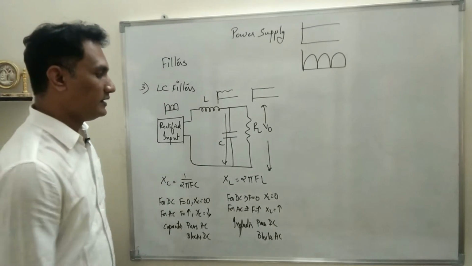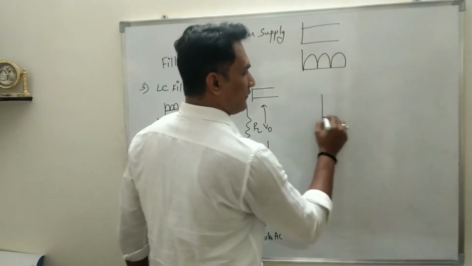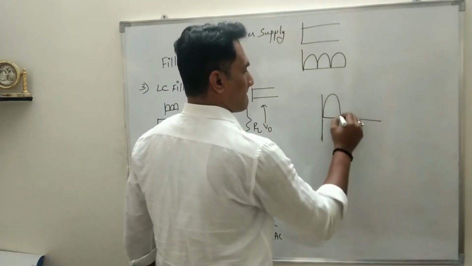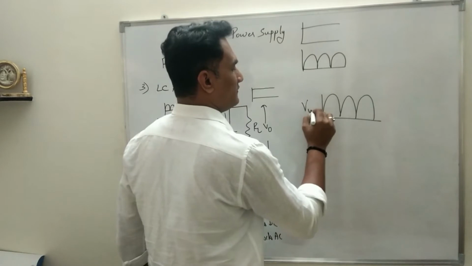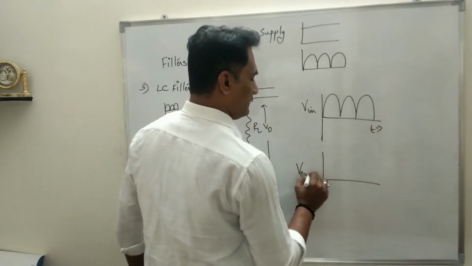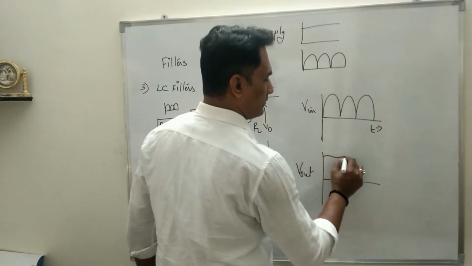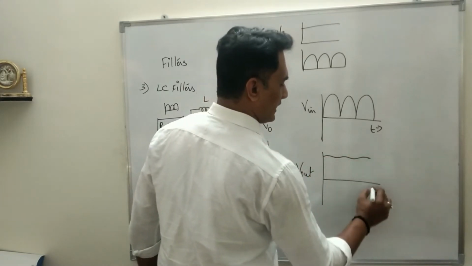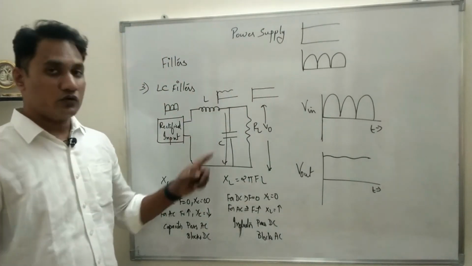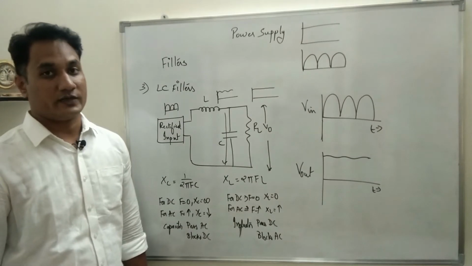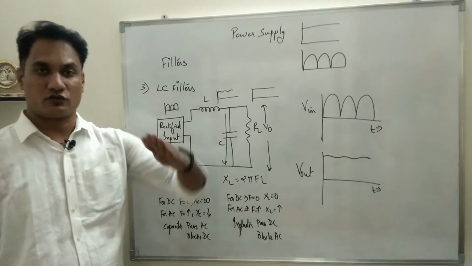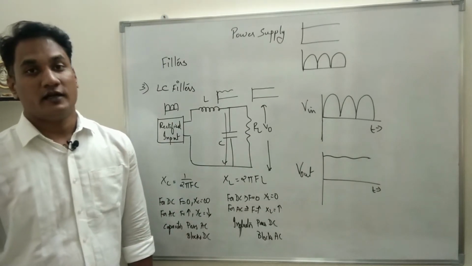If you draw the waveform, this is Vin with respect to T, this is Vout, what you get is almost a straight line with respect to T. So using L and C both in the same circuit, we can reduce the AC component so that the output is almost a pure DC.